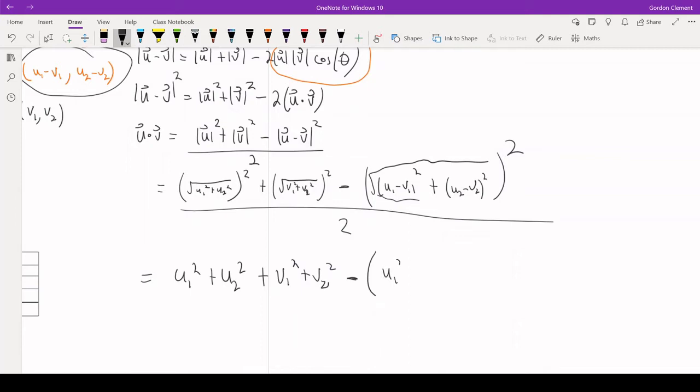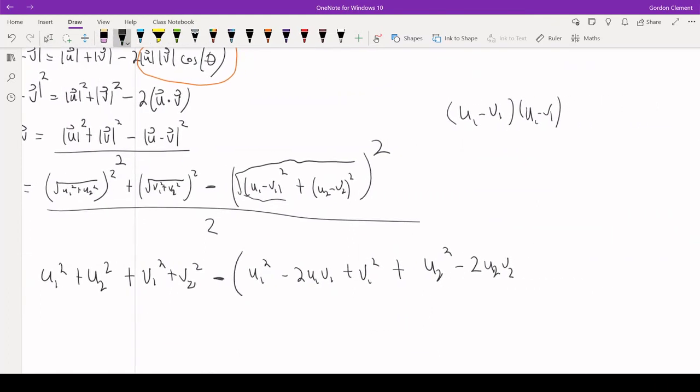So I'm going to get u1 squared minus 2 u1 v1 plus v1 squared. So that's the first bracket expanded. Remember, it's this multiplied by itself, and you have to do the full expansion. That's where the minus 2 u1 v1 came from. And same sort of thing, u2 squared minus 2 u2 v2, and then a plus v2 squared.